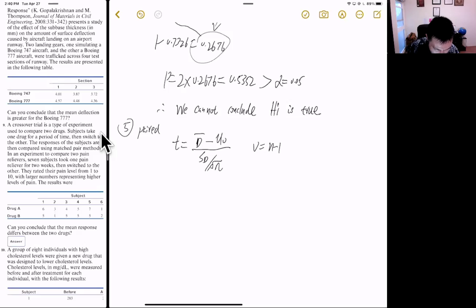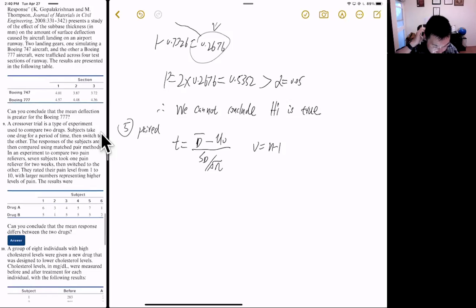Based on that table, we first of all calculate the difference. For the first one, drug A is 6, drug B is 5, so 6 minus 5 is 1. For subject number 2, drug A is 3, drug B is 1, so 3 minus 1 is 2.